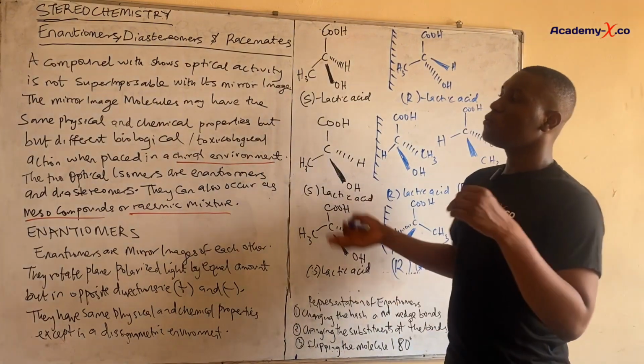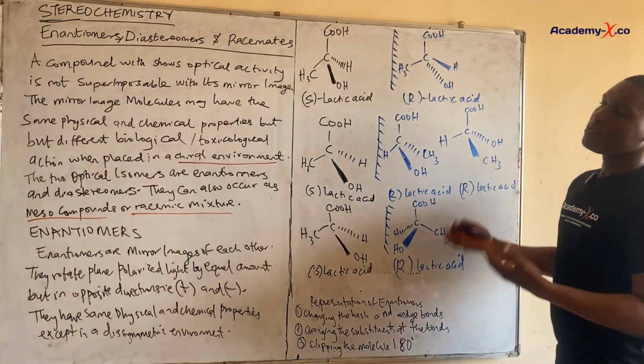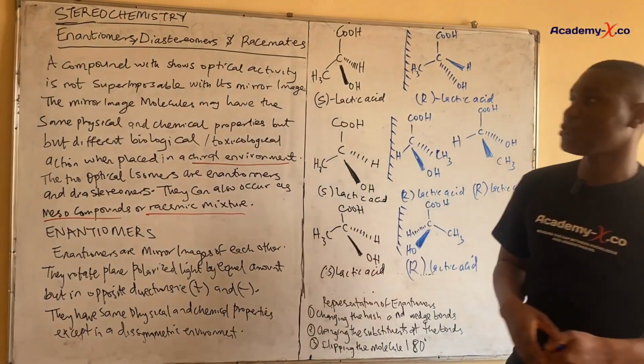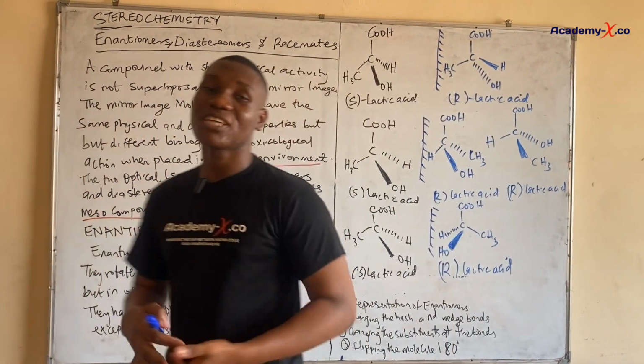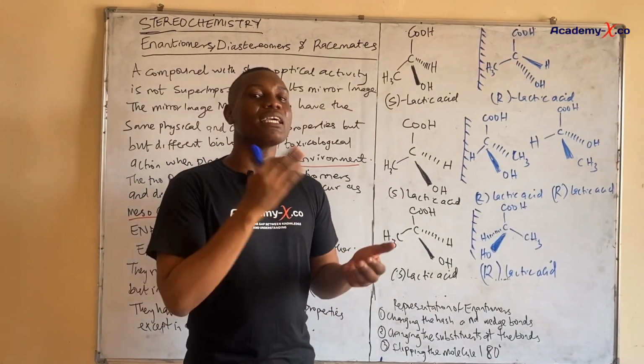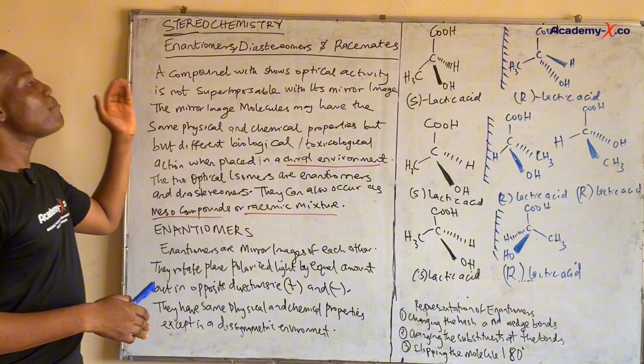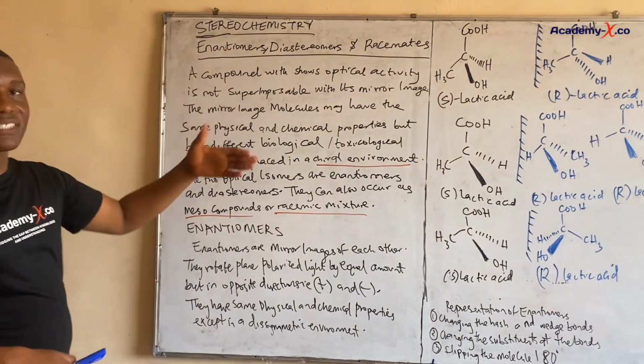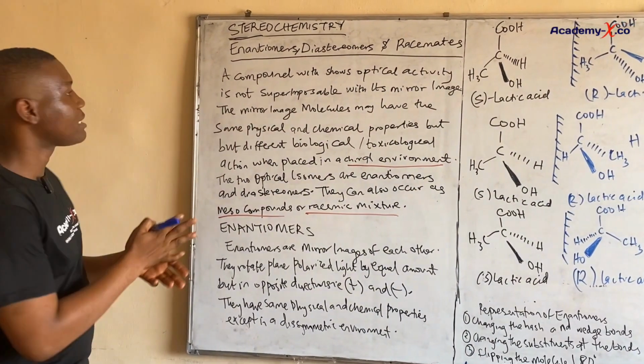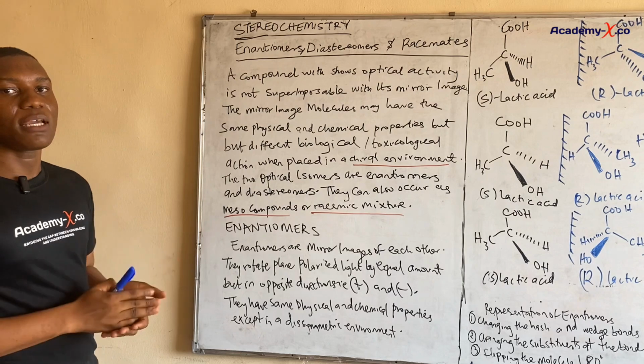So let us do a brief summary of what we said about the enantiomers. We said that enantiomers are special optical isomers in which their mirror images are not superimposable on them. So you cannot superimpose the mirror images on the molecule.